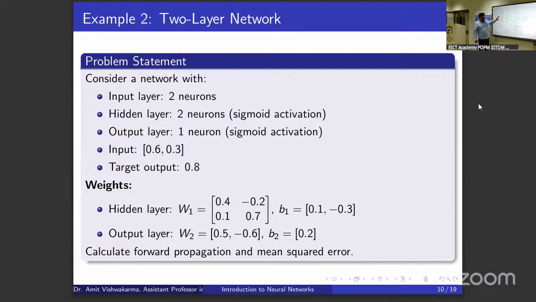Start with this node and then start this. This particular node is connected to all the hidden nodes.